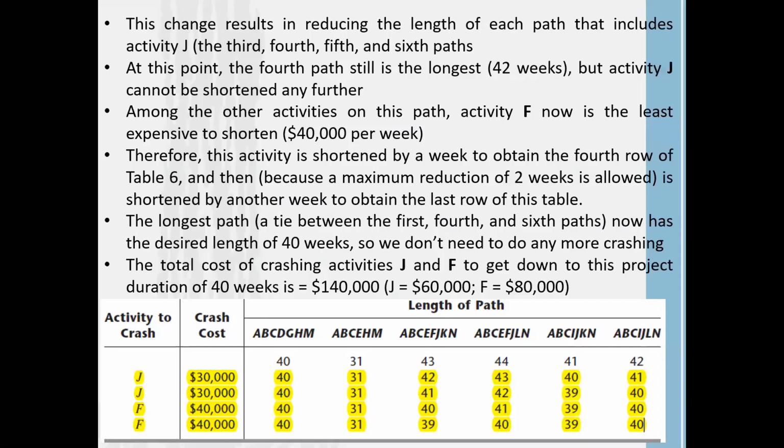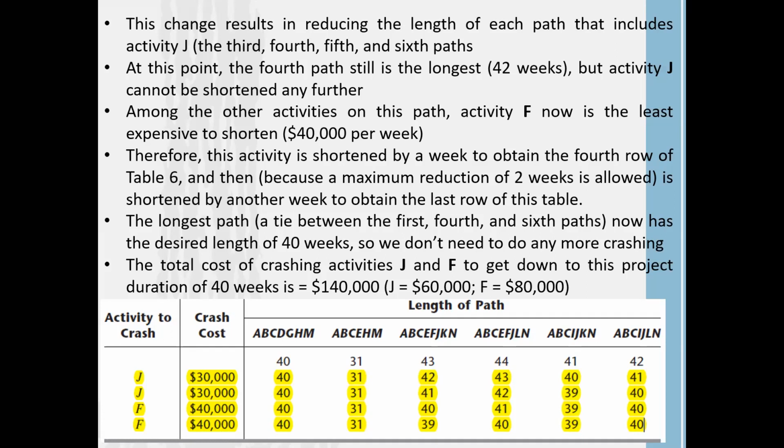So that's the way we calculate network modeling. First we calculate the critical path, then we try to find out which activities can be crashed with minimum cost. When we find out which activity is going to be crashed, the first clue is to identify the activities which are included in your critical path, that means the critical activities.